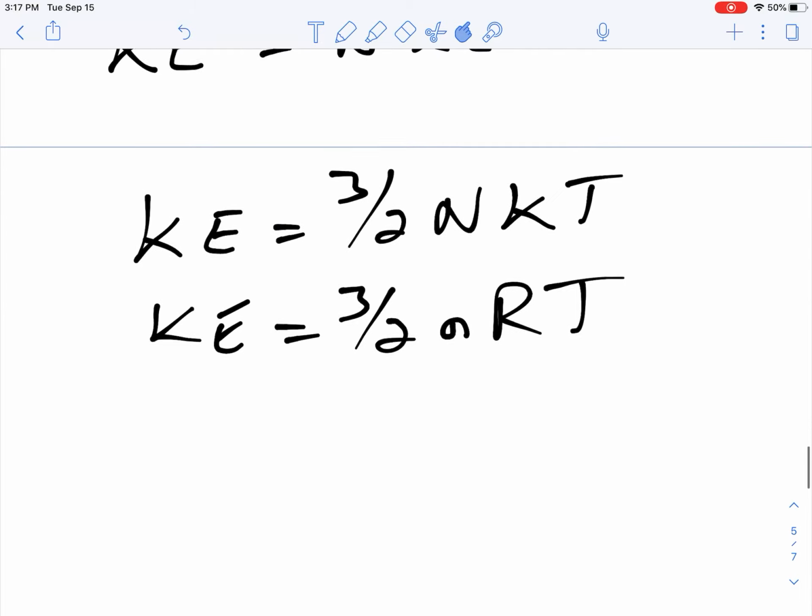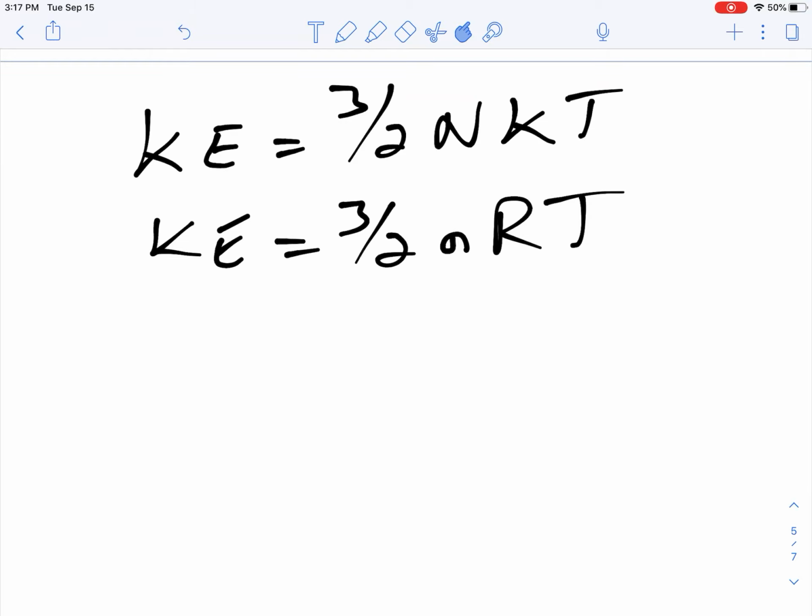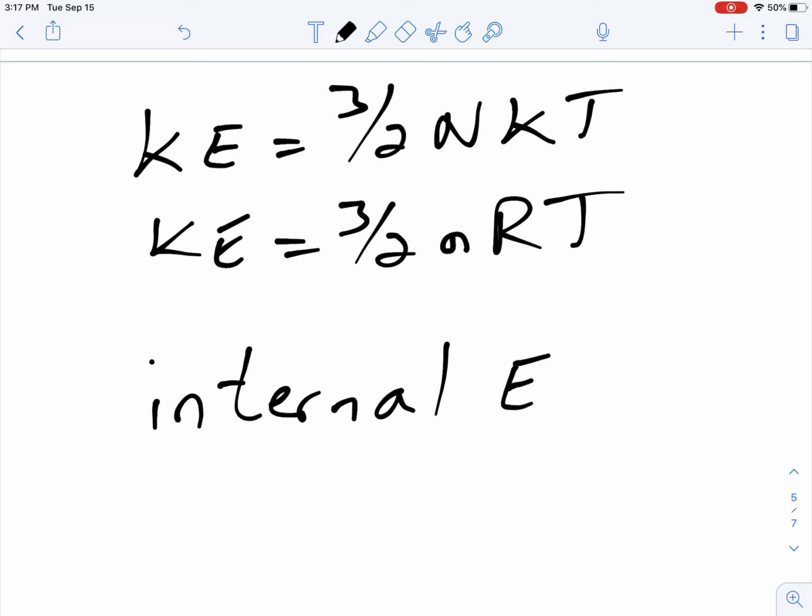Well, that total kinetic energy is the kinetic energy of all of the particles that make up our gas. That total kinetic energy that makes up our gas, we call that the internal energy. We call it the internal energy because it is the kinetic energy of all the particles that is internal to the object. It's subatomic, it's atomic, it's molecular, it's not macroscopic, it's on the inside.